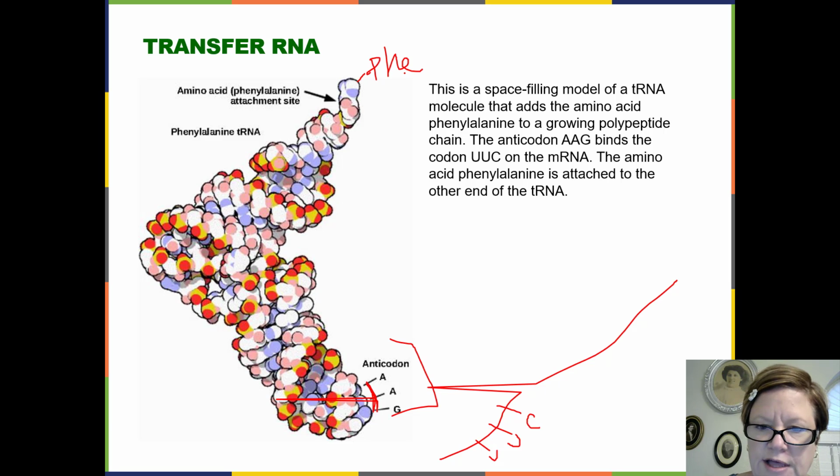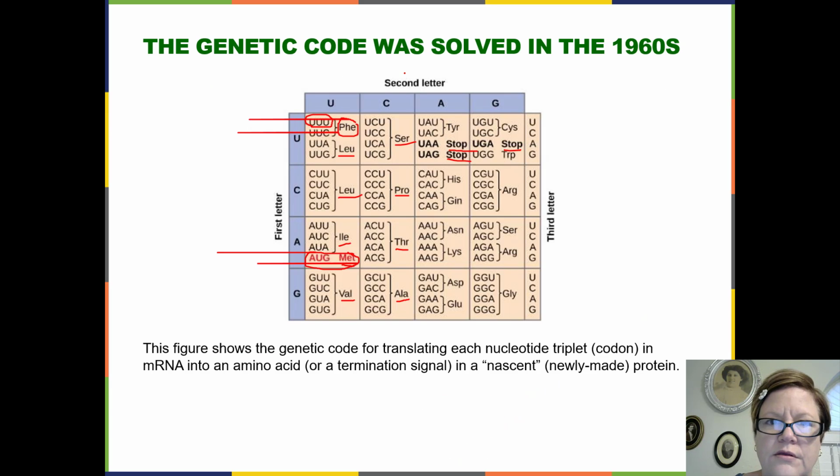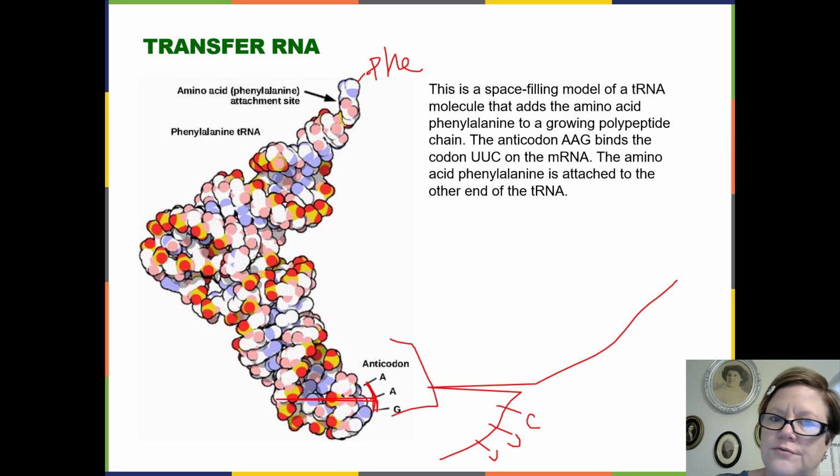So let me go back one slide. The UUC is in the mRNA. So do you see UUC indicates phenylalanine? So the genetic code is written from the mRNA point of view, not the tRNA point of view.